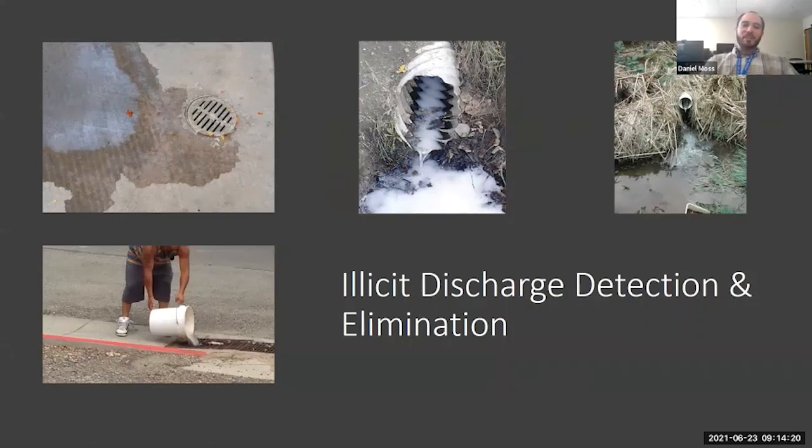And then lower left, you'll see something that unfortunately we see more often than we'd like to think about. There's a lot of illegal discharge of just human waste and human pollution into storm drains. And again, we have a team of people out there who do everything they can to keep that to a minimum. Right, Chris?